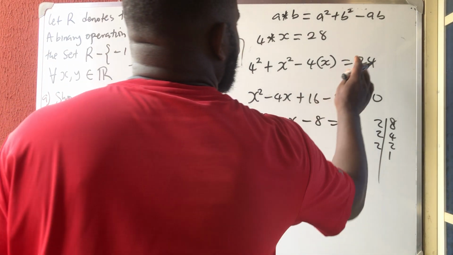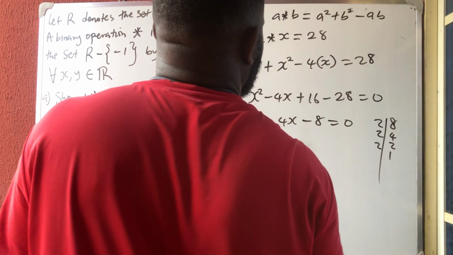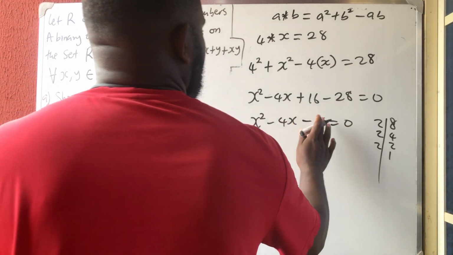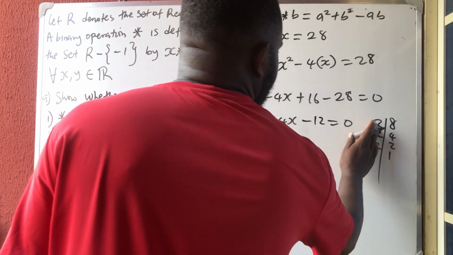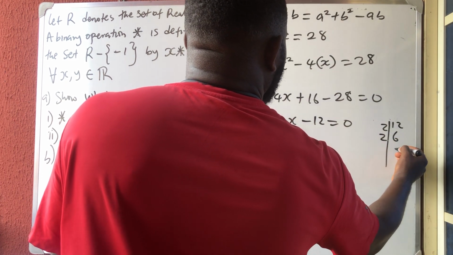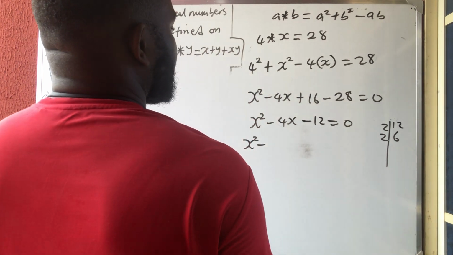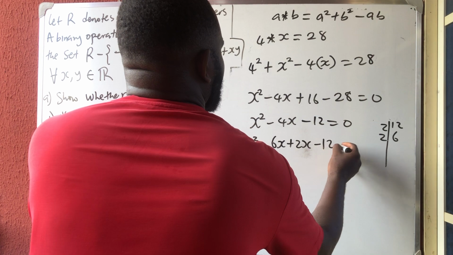Okay, 28, not 24. Sorry, 28. So this is 12. Okay, so 12, which is 6 and 2. So I'm having x squared minus 6x plus 2x minus 12 is equal to 0.